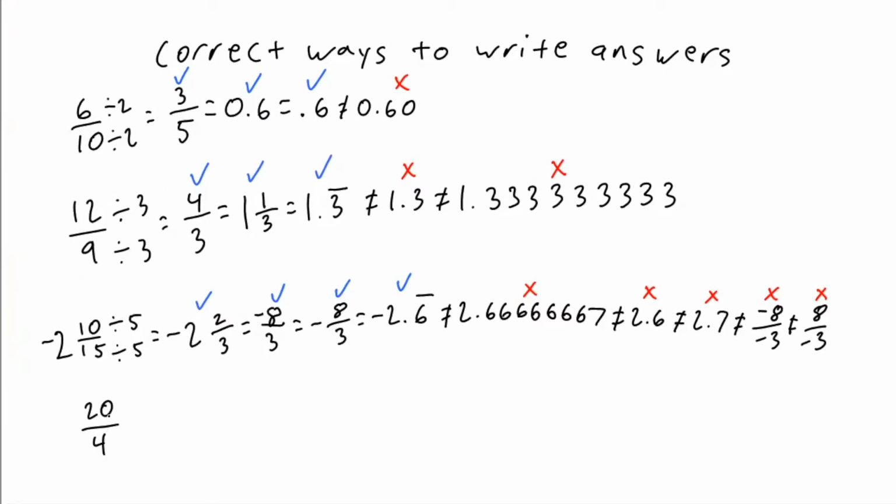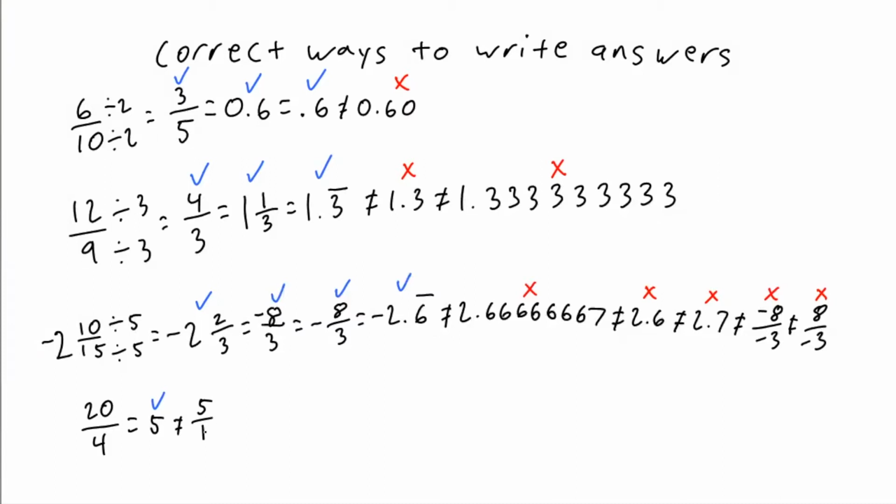Now, if we have 20 over 4, remember fraction signs are just division signs. So this we can really just say 20 divided by 4. Well, 20 divided by 4 is 5. So this is a correct way to write the answer. Now, other ways I've seen it, I've seen people do 5 over 1.